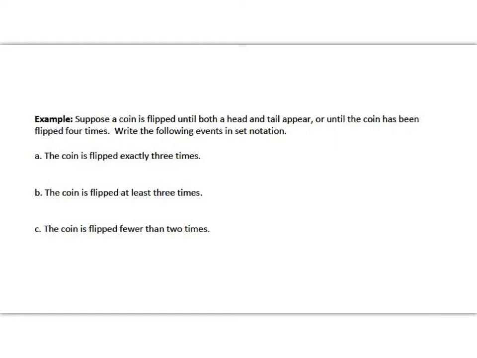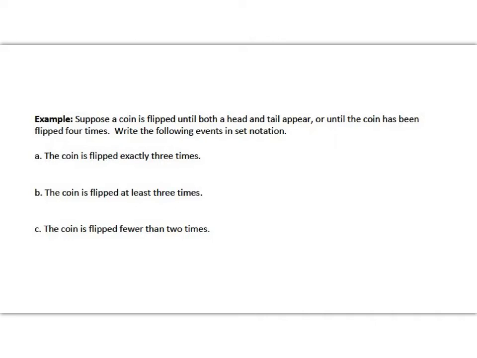All right, now we've got this interesting game here, and let's see if we can come up with some events here in set notation. We have a coin that is flipped until both a head and a tail appear, or until the coin has been flipped 4 times. So we need to write the following events in set notation.